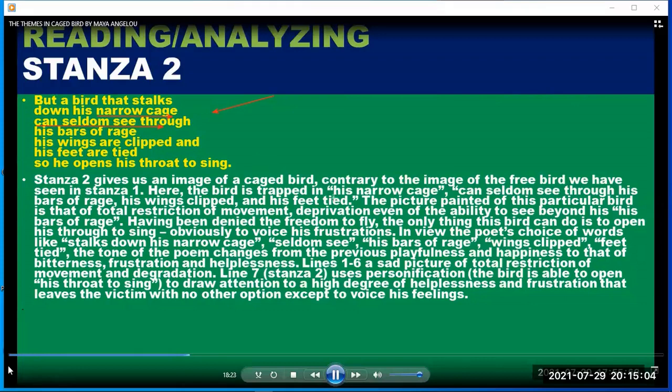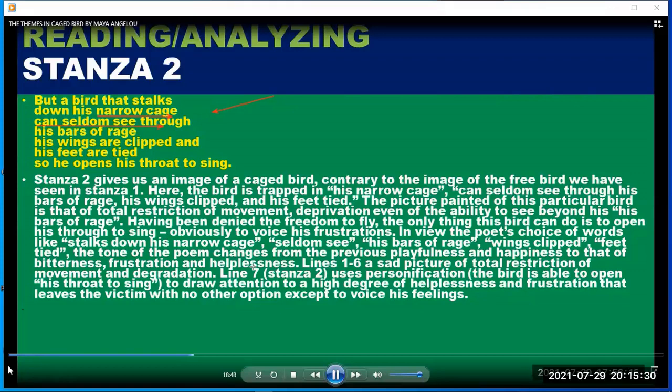Because in stanza 1, we saw a bird that had all the freedom to fly. But here we find a bird that is caged, the wings are clipped and the feet are tied, and can only remain in a narrow cage and can seldom see through his bars of rage. So that is the situation of the caged bird.